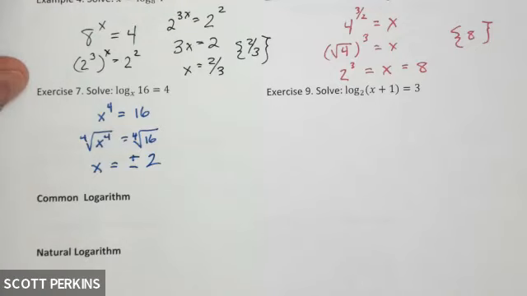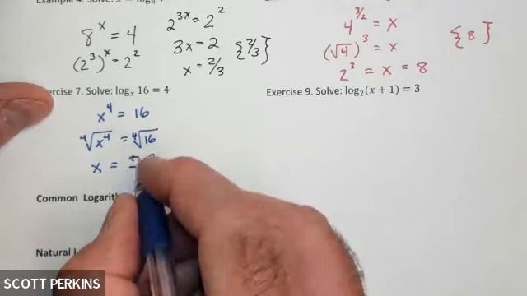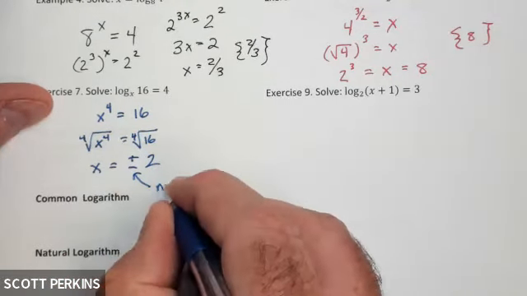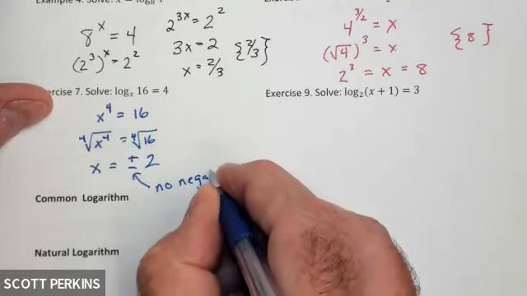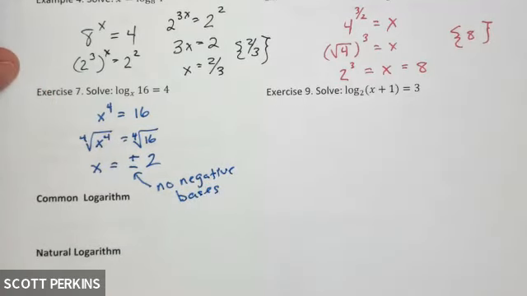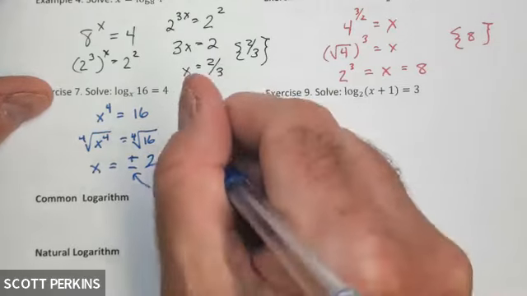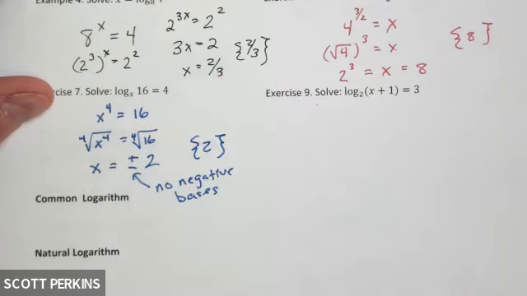But even if you didn't do that, you might have got this accidentally right, because if you remember, x is the base, and by definition there's no negative bases. Okay, so we're going to throw that one out because it's not part of how we defined the logarithm. I did that on page 1 when we defined this relationship. None of the bases will ever be negative in the problems we're considering. So the only answer that matters here is 2.